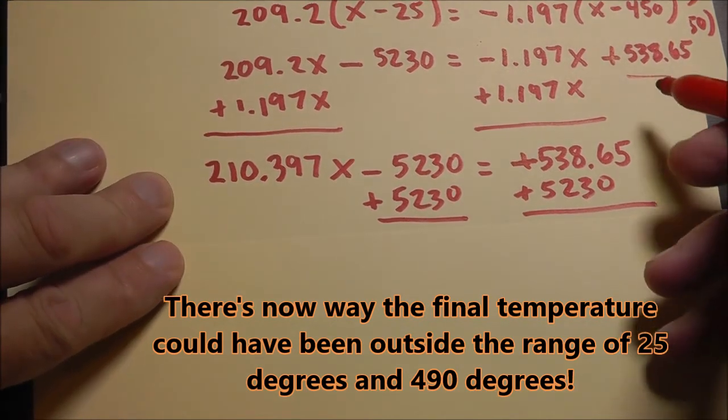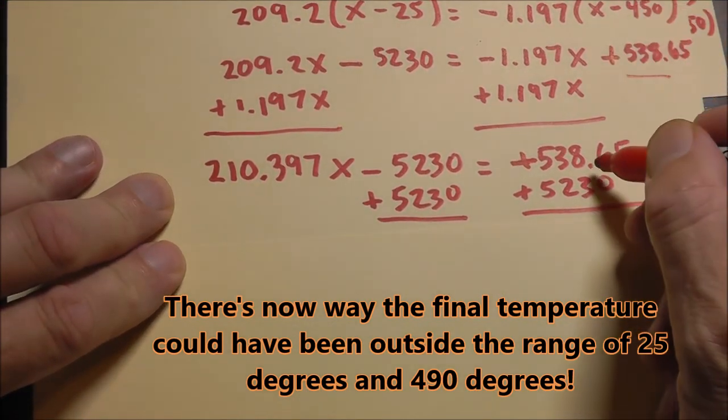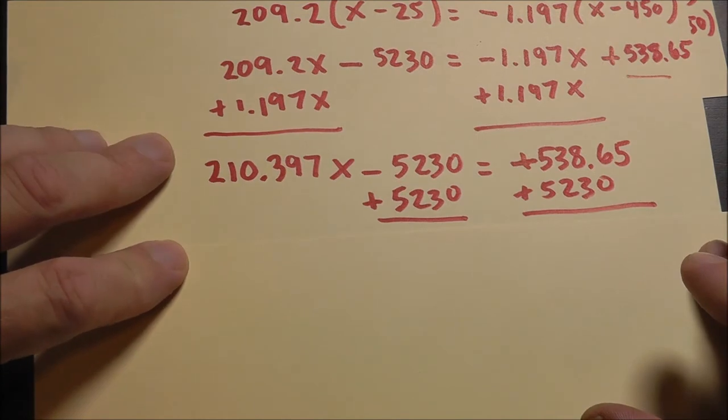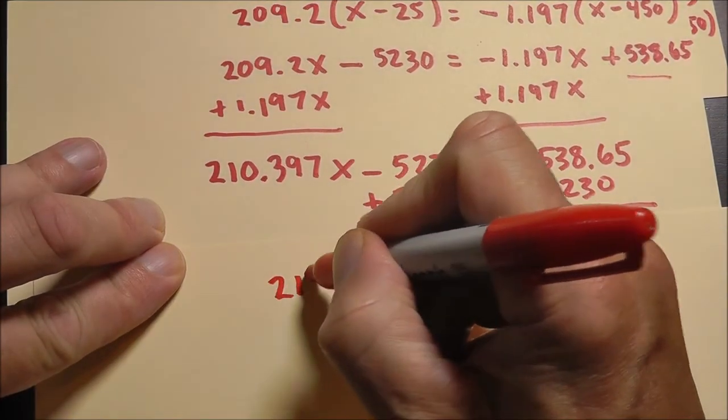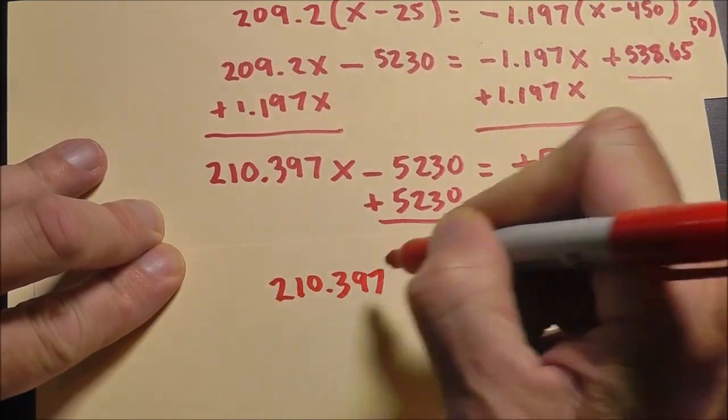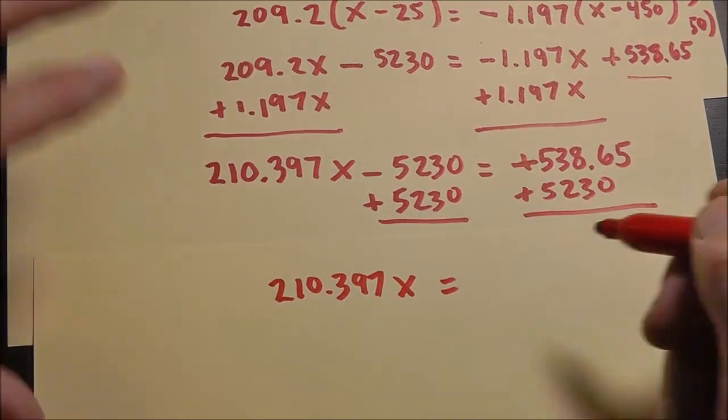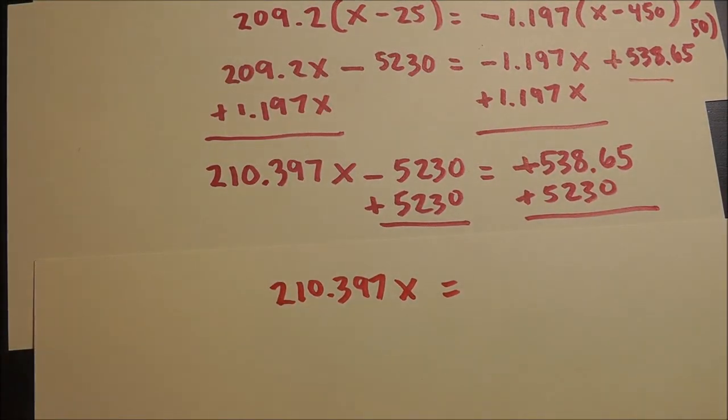I just goofed up. So now let's trickle this down. When I add these two together, this would be 210.397x equals a bigger number. It can't be less than, heat didn't just go nowhere.